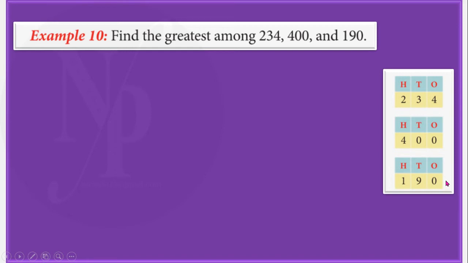So after writing down the given numbers in a place values table, we need to compare the digits at hundreds place. So we should look at the digits at hundreds place here, here and here.